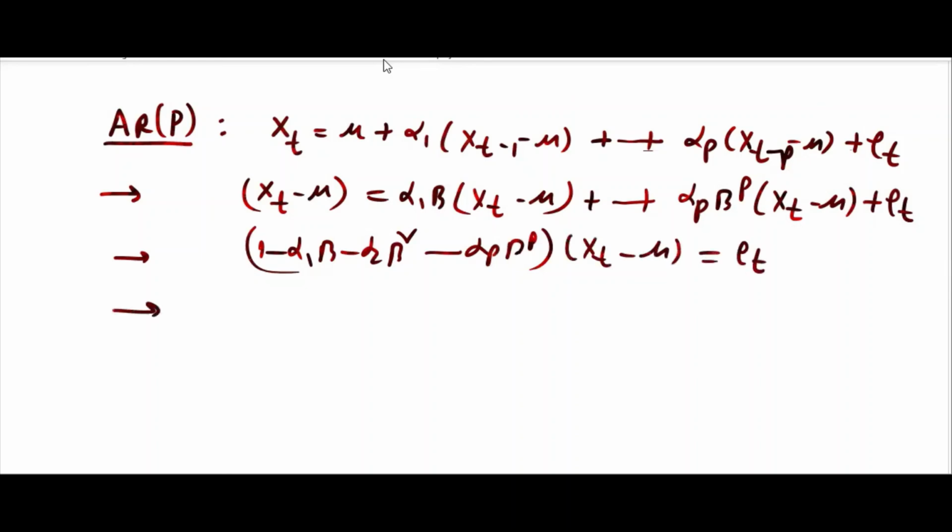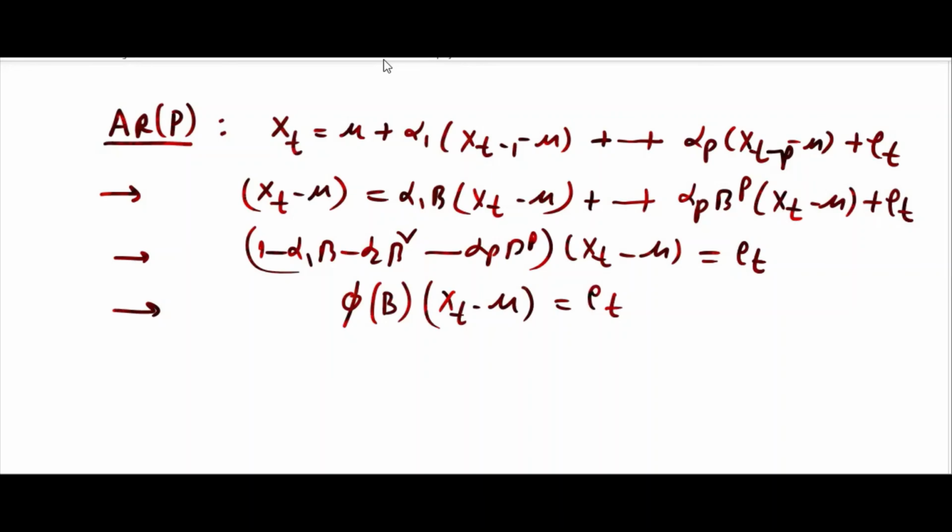And for this one you have to give a notation. We have given some notation, I don't remember, but today we consider phi(B)(xt minus mu) is equal to et, okay. This is your normal notation.